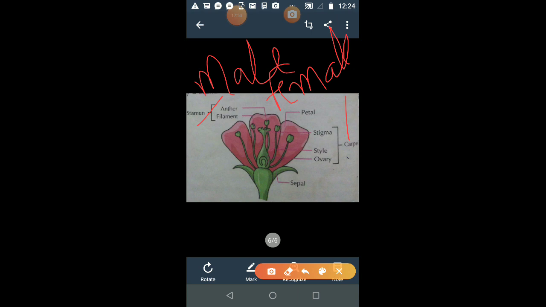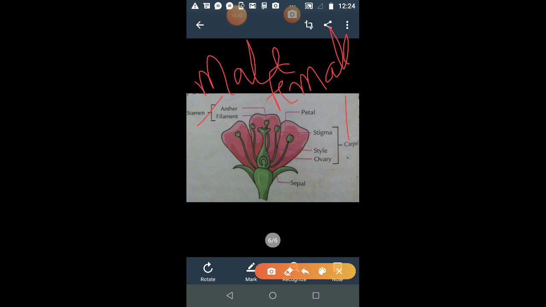Now students, do one activity. In the rough copy, you draw one plant, and on that plant draw many flowers. I already explained to you, if you grasp the things with the help of a diagram, then you are able to understand science. It's very simple.